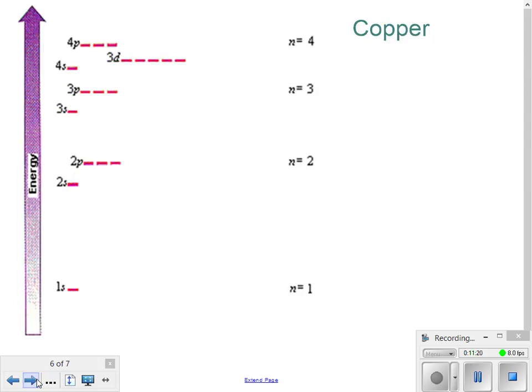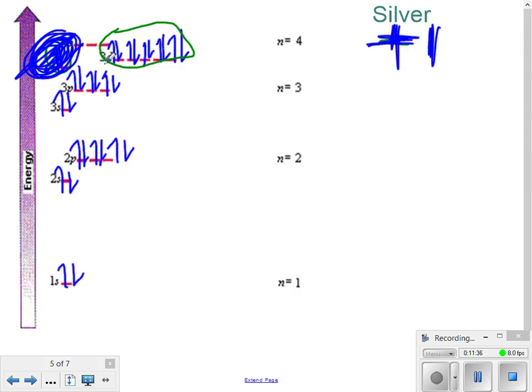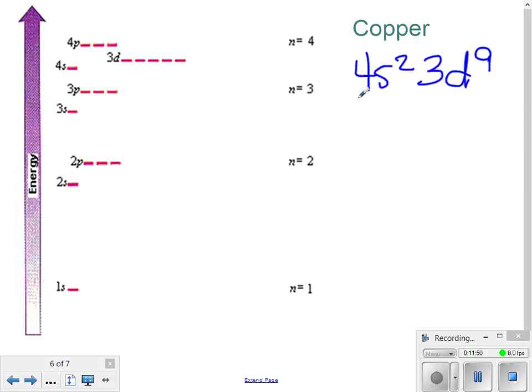Looking at copper, copper is right next to zinc on the periodic table. So it would normally be 4s2 and then 3d9. Similar to, oh, I just realized for silver, that shouldn't have been 3d. We should have gone all the way up to 5s and 4d. Excuse me for that. So this should have been 4d, and this would have been 5s. My apologies. Because copper is the one that's in 4s and 3d.